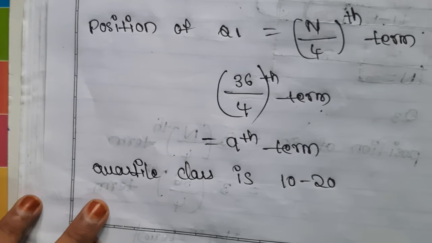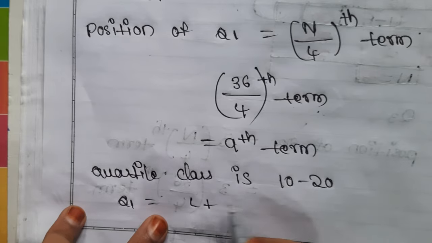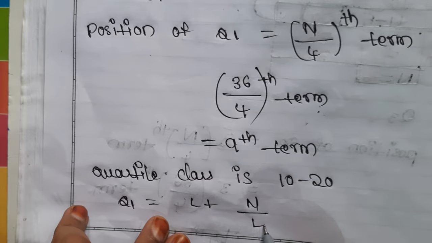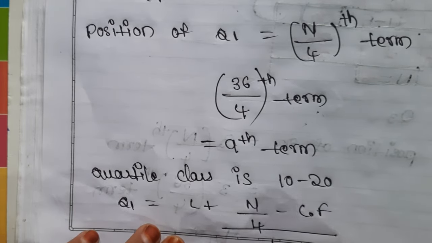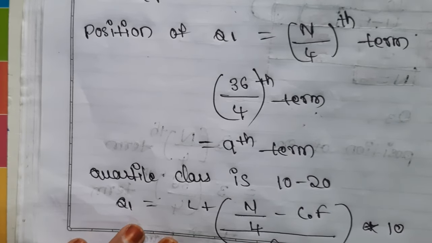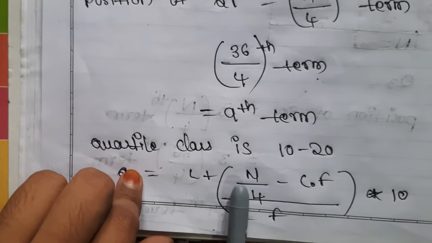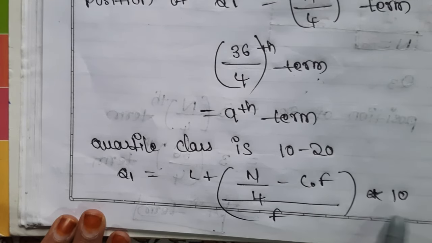Now let us see the formula of Q1. Q1 formula is L plus n by 4 minus CF by F multiplied by 10. That is, L plus n by 4 minus cumulative frequency by f into 10.